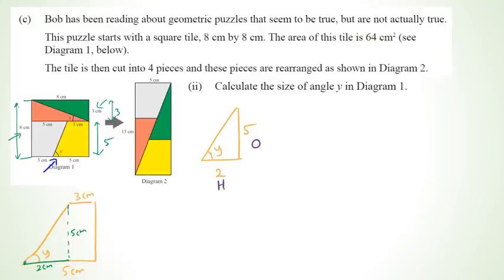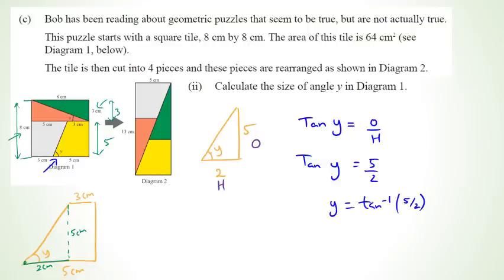Basically, you are doing exactly as you did in the previous question, which is tan of Y equals opposite over hypotenuse. Tan of Y equals 5 over 2. Y is equal to inverse tan of 5 over 2. So in this case, Y is equal to 68.2 degrees. And this question was actually worth a merit.